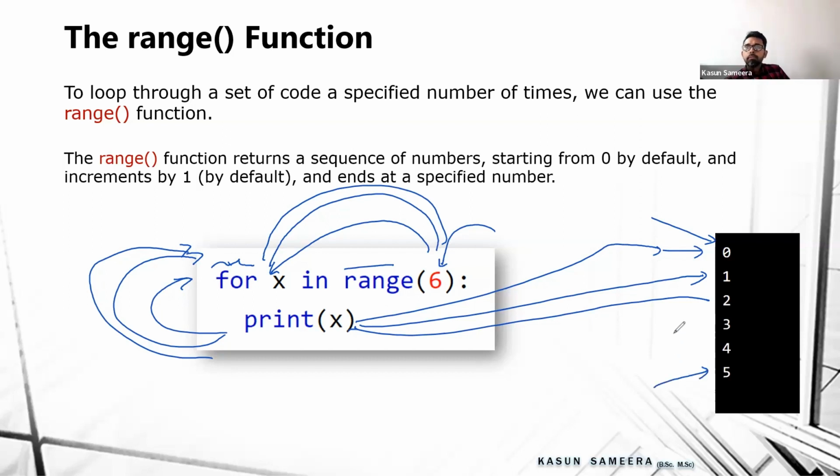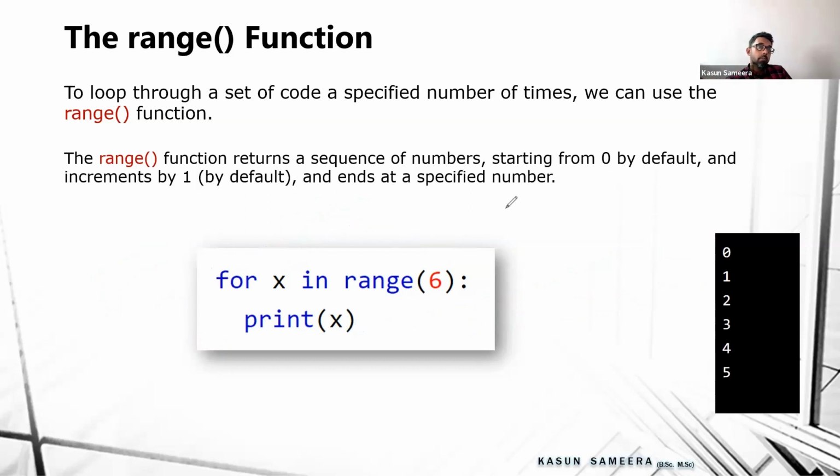Do you remember, kids? In Python, in many cases the last number doesn't execute. The reason is that we need to repeat this for loop 6 times. That's what this number means: the 6 tells it to repeat 6 times. If you want to repeat it for 6 times and you start with 0, you need to end with 5.